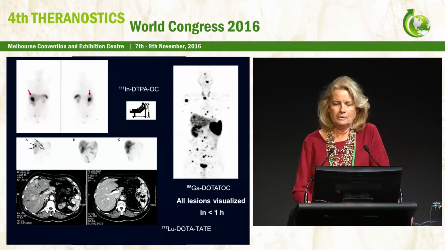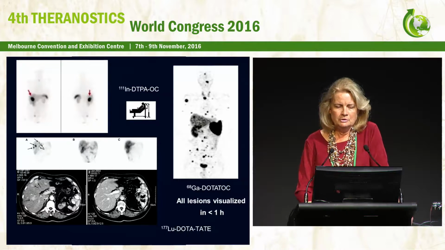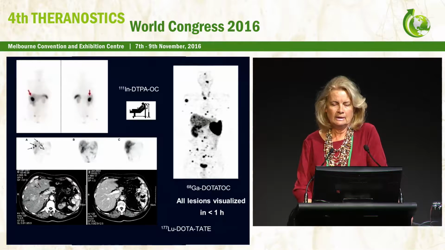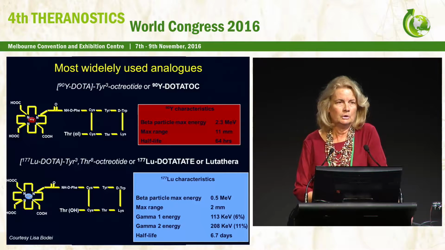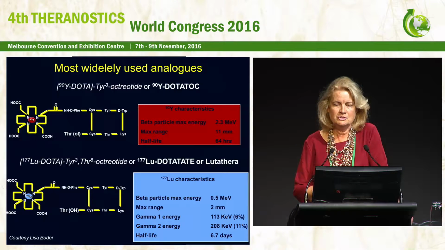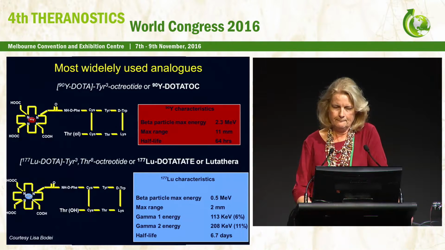And we all know, of course, that both DOTATOC and DOTATATE are widely used now, both for imaging after labeling with gallium-68, mostly for PET, and for radionuclide therapy, mostly after labeling with yttrium-90 or lutetium-177. Both beta particle emitters, with a difference in that the beta particles emitted by yttrium-90 have the higher energy, 2.3 MeV versus 0.5 MeV, and a longer range in tissue, 11 millimeters versus 2 millimeters at the max.